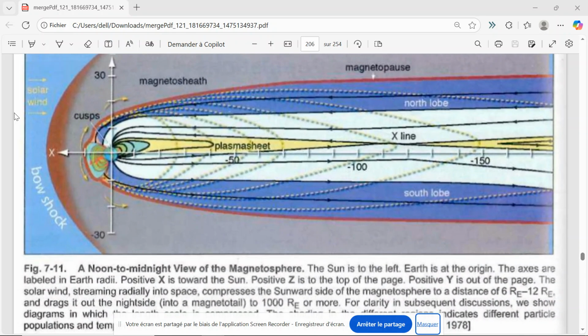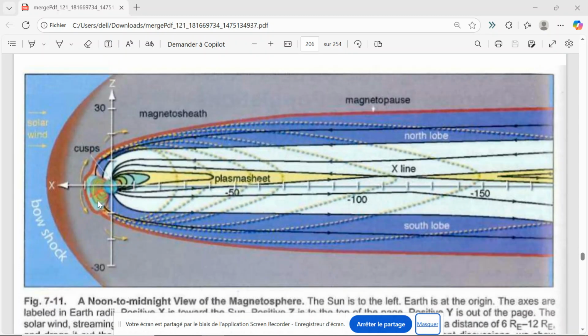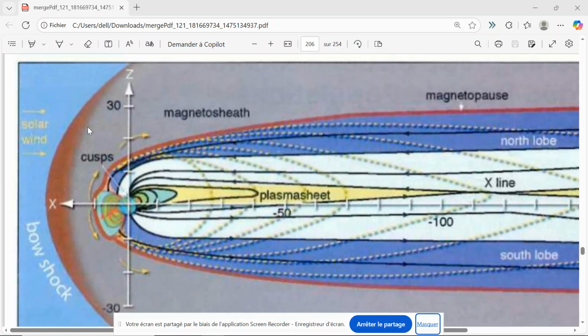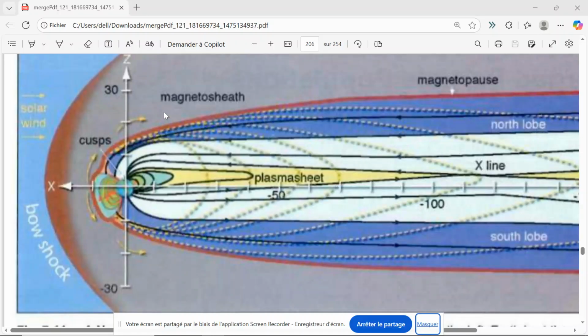So we see that the solar wind is coming from the left, completely distorting the magnetosphere shape, so it doesn't look like a dipole anymore, very far away from it. So you have solar wind with charged particles that form a bow shock, especially those energetic protons, coming in front of the geomagnetic field lines, and you got the magnetopause, and the magnetosheath takes into account the fact that the geomagnetic field is protecting the Earth, decelerating the energetic protons that come from the solar wind.